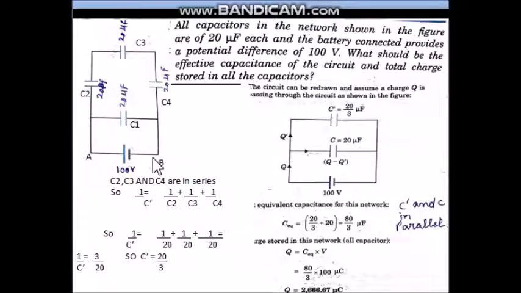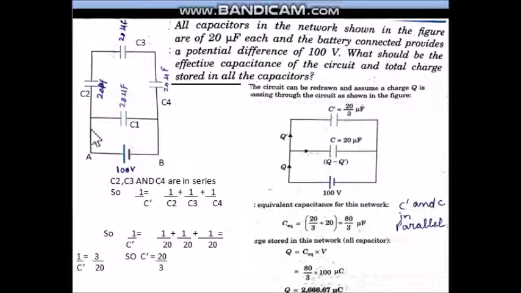Now carefully understand the procedure of how we find out which part is in series and which part is in parallel. First, we start taking a charge from the battery's positive, that means from point A. If the charge gets divided, that part of the circuit is parallel, and if the same charge flows through a number of capacitors, then those capacitors are in series.